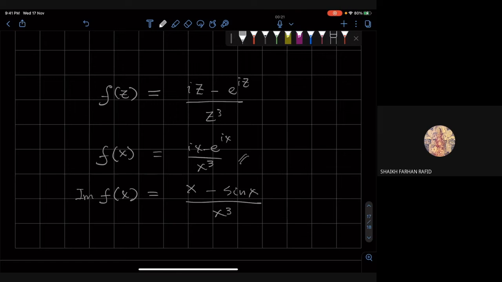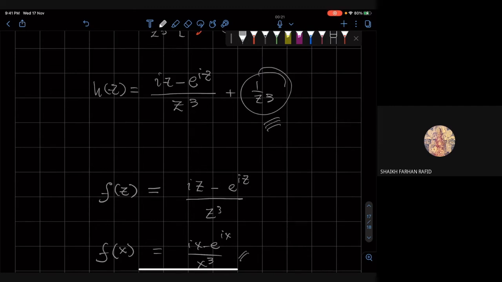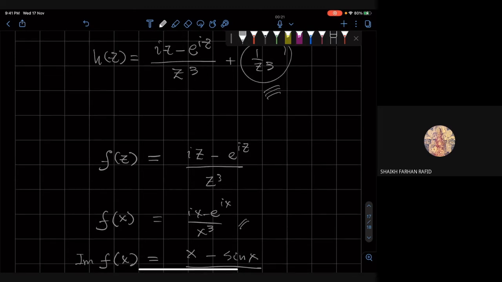Okay? Is that clear? Yes, sir. Okay. So what we are interested in is the integral over the real line of the imaginary part of this function evaluated on the real line.